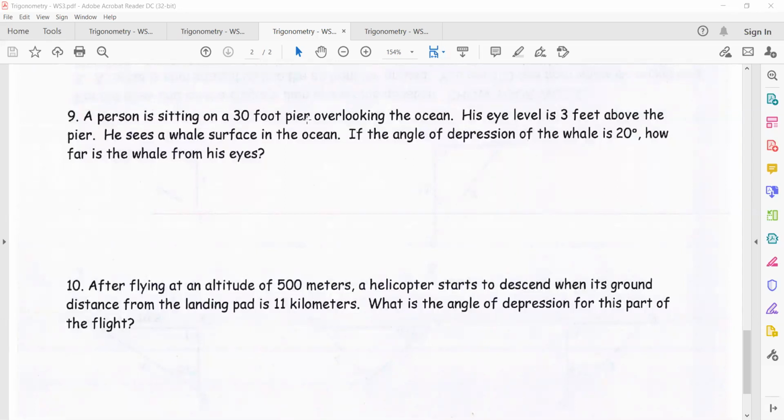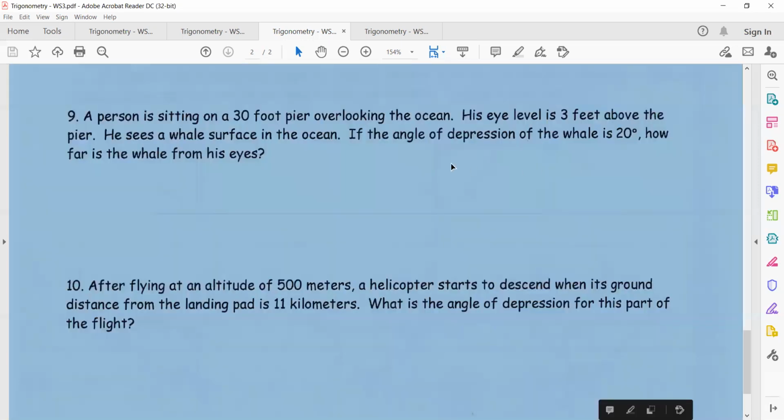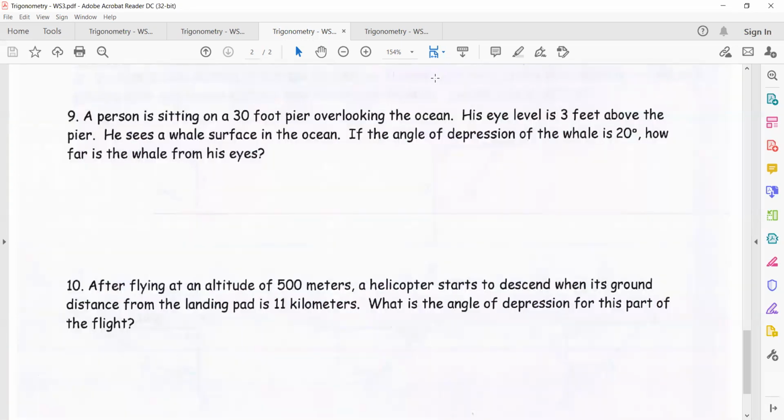A pier is a man-made structure that stands on the bank of a water body, like an ocean or sea. It's like a kind of bridge. It's not a bridge, it's a man-made structure. Like the cliff, it stands on the bank of a water body, and the pier also stands on the bank of a water body.